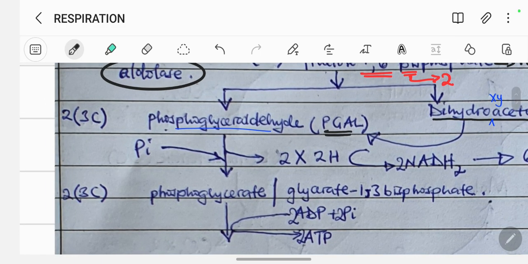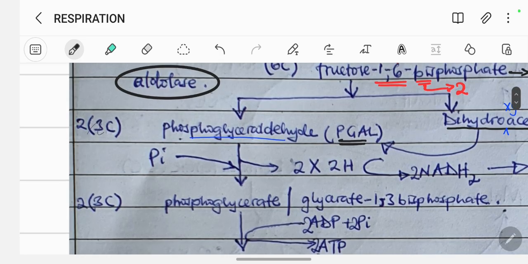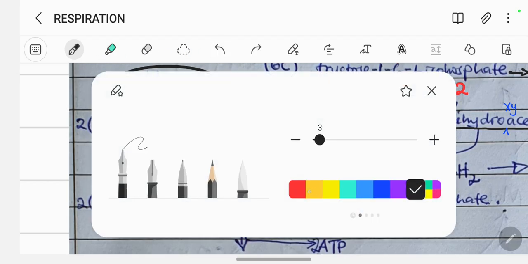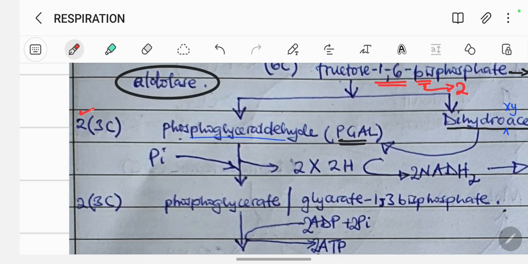So it means that I'm having two molecules with three carbon atoms.